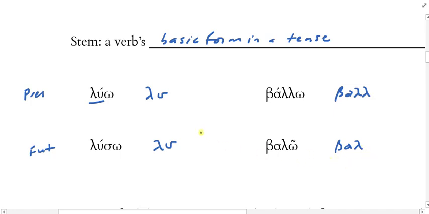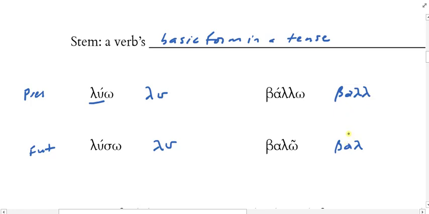Okay? So what can you see by looking at these forms here? Well, we can see that sometimes the present stem and the future stem are the same. Sometimes, on the other hand, a verb's present stem and a verb's future stem are slightly different.